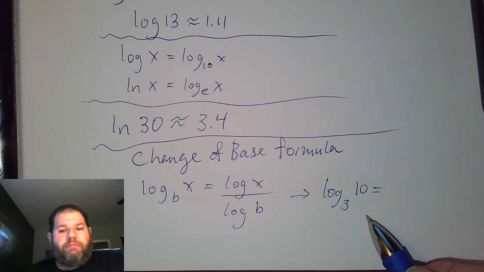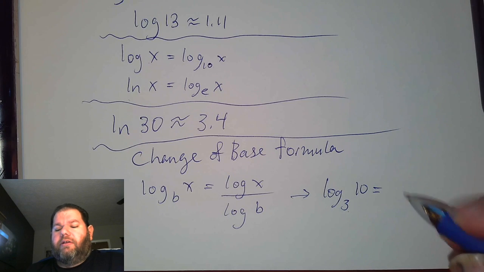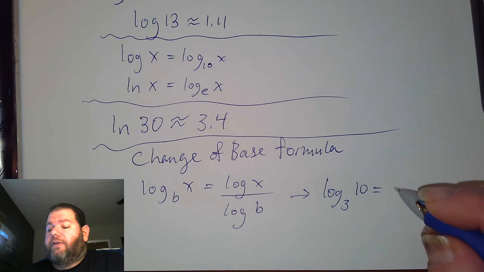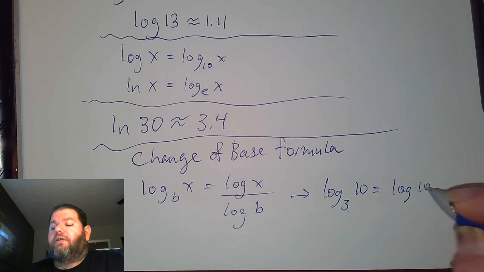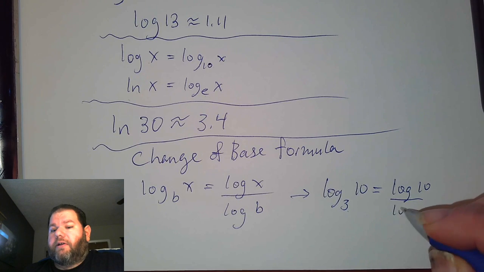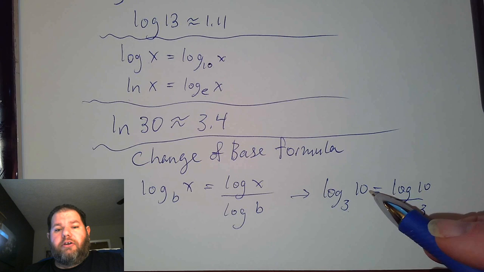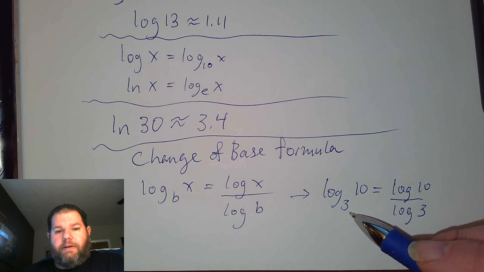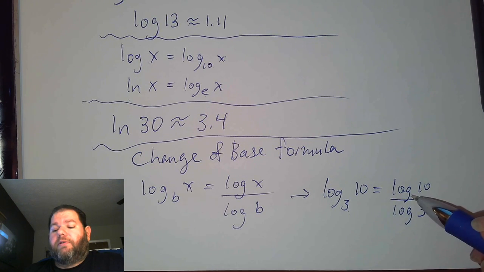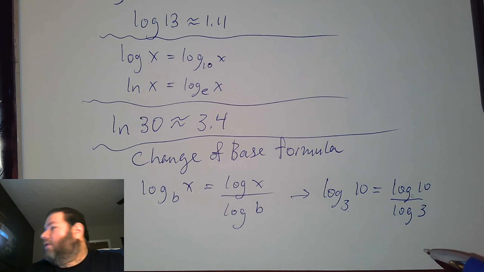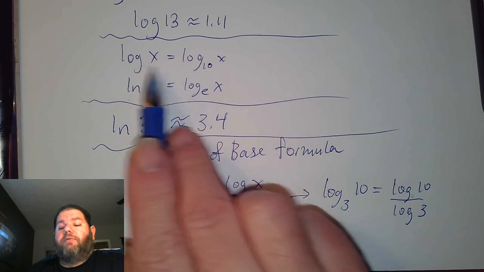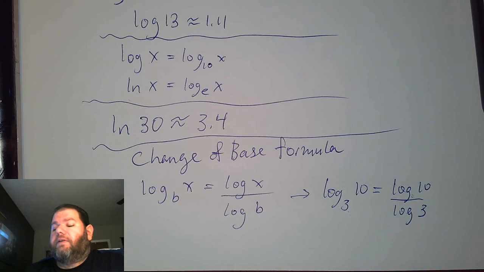Well, it's not really a whole number in that case. So we would do log 10 divided by log 3. That's correct. So take log of the argument divided by log of the base. Now these are both log base 10, so I didn't write the base down. Anytime we have base 10, we don't have to write the base.